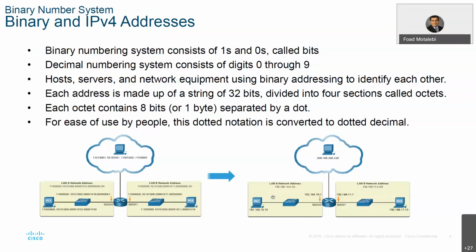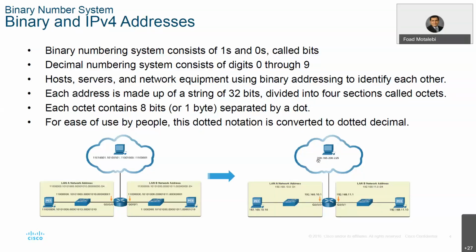Remember, in IP version 4, each address consists of 4 octets: 1, 2, 3, 4. Each octet consists of 1 byte.